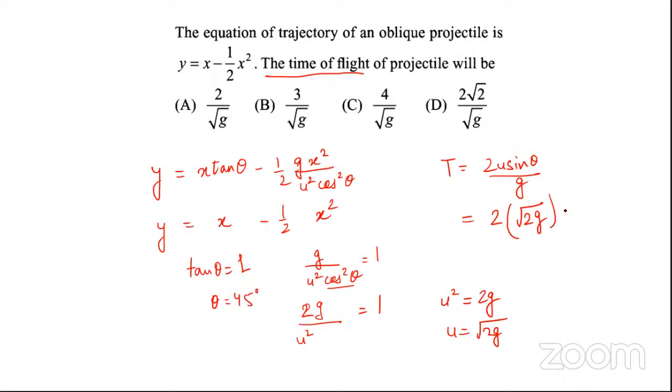Sine theta, sine 45 is 1 by root 2, and we have another g. Root 2 gets cancelled. This gives us 2 root g upon g, that is 2 upon root g. That is the option A.